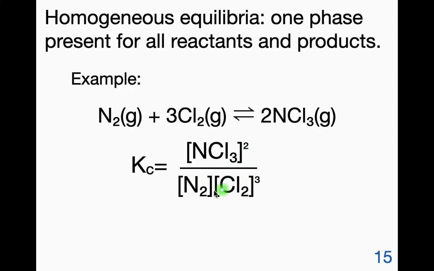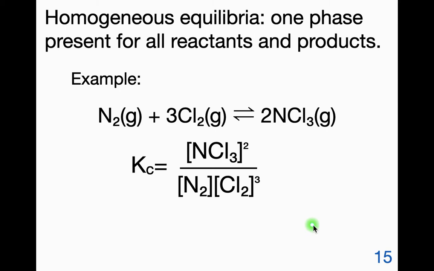And in the denominator, we have nitrogen. The coefficient is just 1. For the chlorine, the coefficient is 3, so it's the concentration of chlorine raised to the third power. So this is our equilibrium expression for this reaction. And this is an example of homogeneous equilibria.